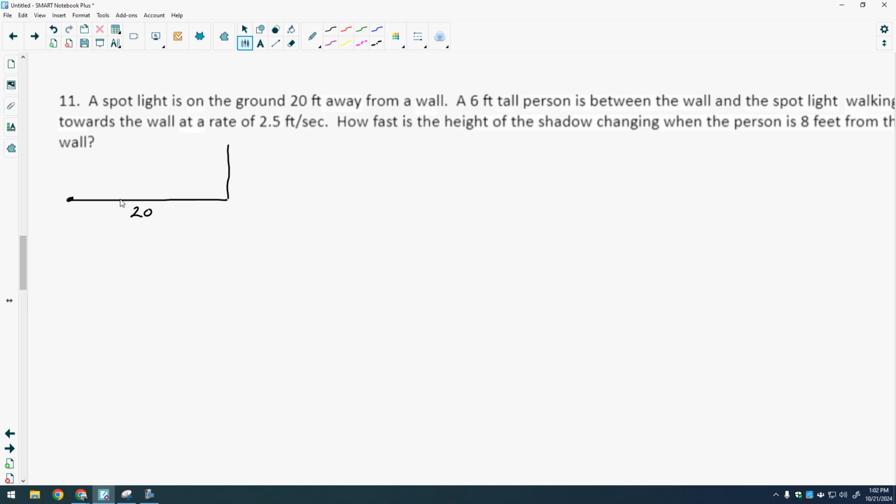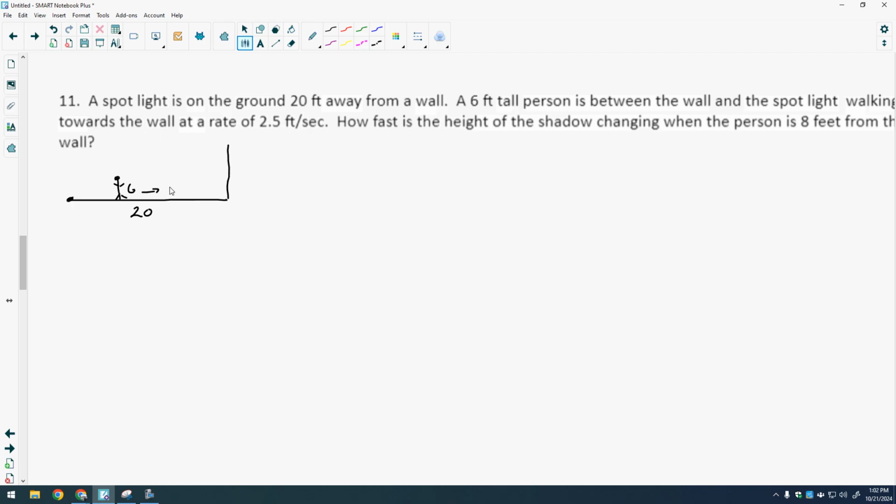A 6-foot tall person, dude sitting right here, or gal, we don't know, 6 foot tall, is between the wall and the spotlight, walking towards the wall at a rate of 2.5 feet per second. How fast is the height of the shadow changing when the person is 8 feet from the wall?